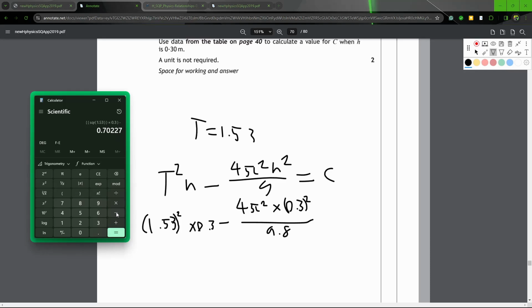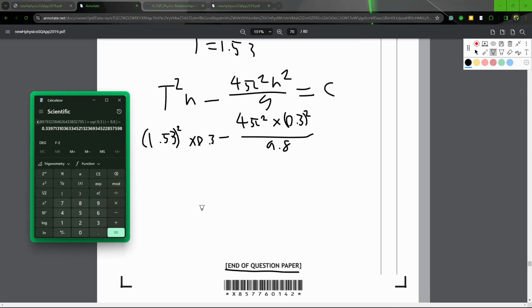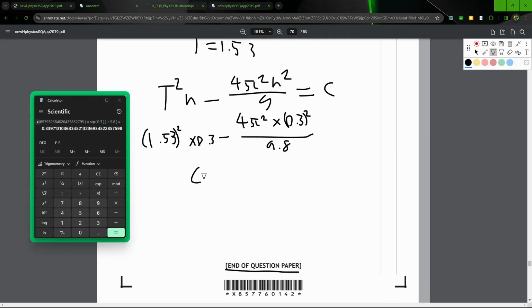So we take away 4 times pi squared times 0.3 squared, then divide by 9.8, and we get final answer c equals 0.339, so I'm going to round it up to 0.34.